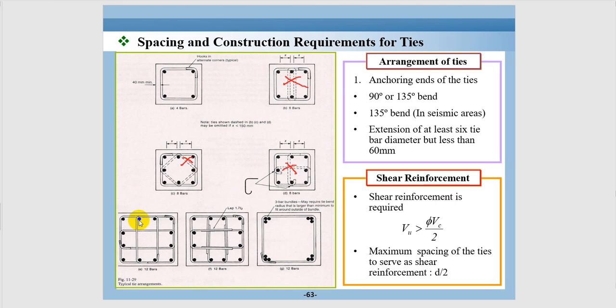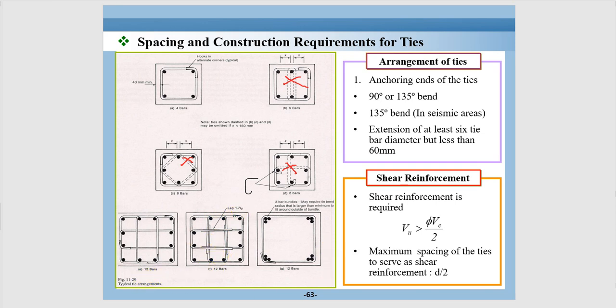And when you do that, we don't need any splices for these ties. Whereas you need splices here, you use 2 U-type ties and use them together right there, and these are 1.7 ld, so that this splice length should be greater than 1.7 times the tie bar diameter. Okay, so this is clear.